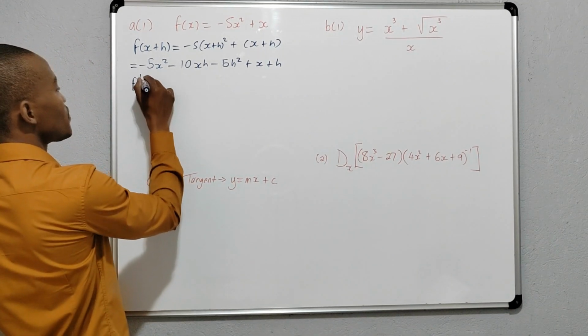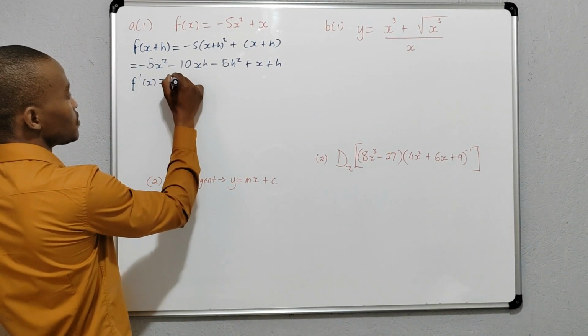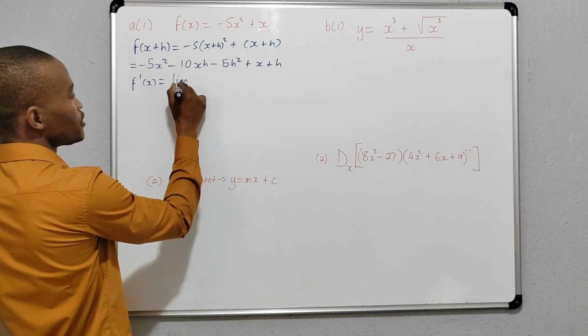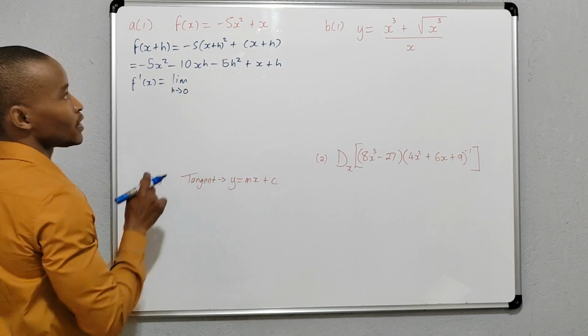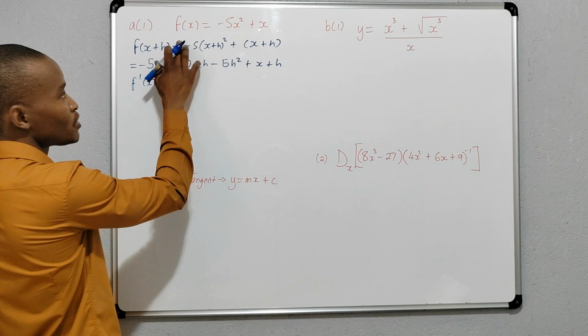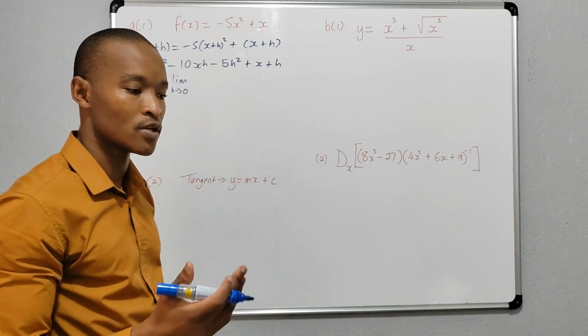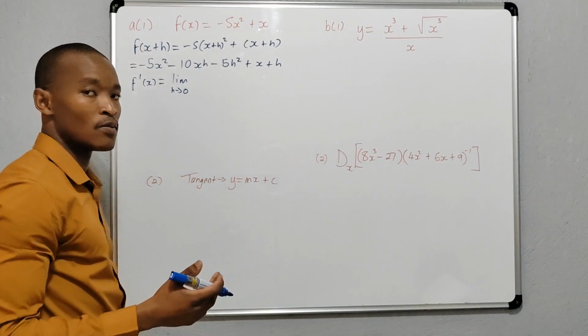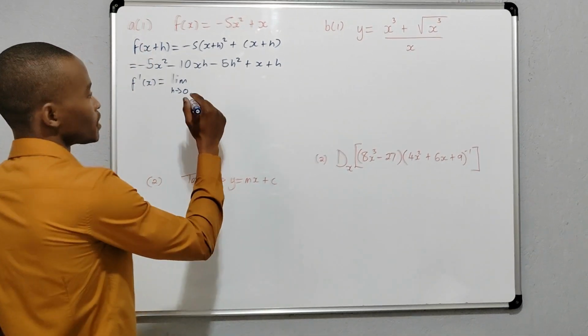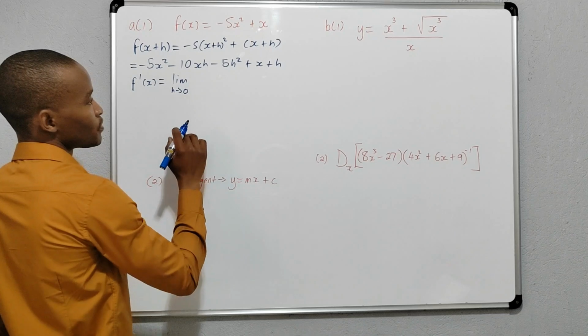Yes. So f prime of x is equal to the limit as h approaches 0 of f of x plus h minus f of x. Usually you'll be given f of x or g of x, depending on the label of the function in that particular question, but the standard principle remains the same.